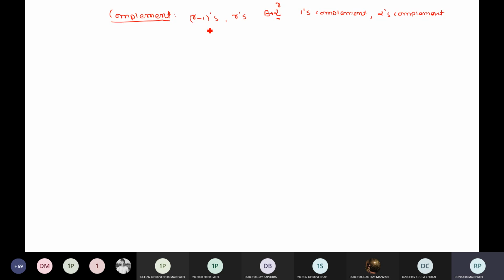Right? Then for decimal, base is 10. So this will be r minus 1 complement, r minus 1, and this is r. So this is 9's complement and this is 10's complement. Okay.